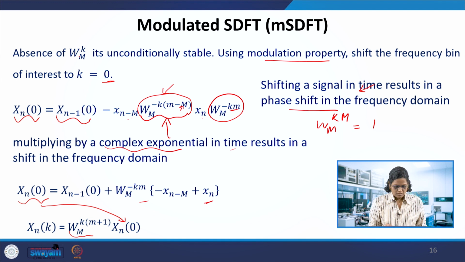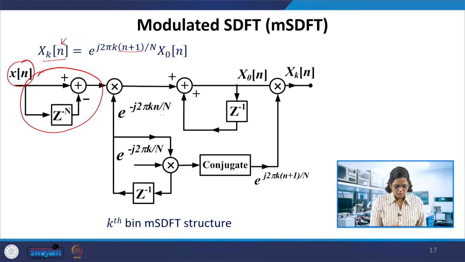Here we have this x[n-N], and then we have this modulation signal getting generated, e^{-j2πkn/N}, and e^{j2πkn/N} is this, multiplied by 1, so this is e^{j2πk/N}. So in the realization, that would be written with minus and minus, so this is given as minus j: e^{j2πkn/N} and e^{j2πk/N}.